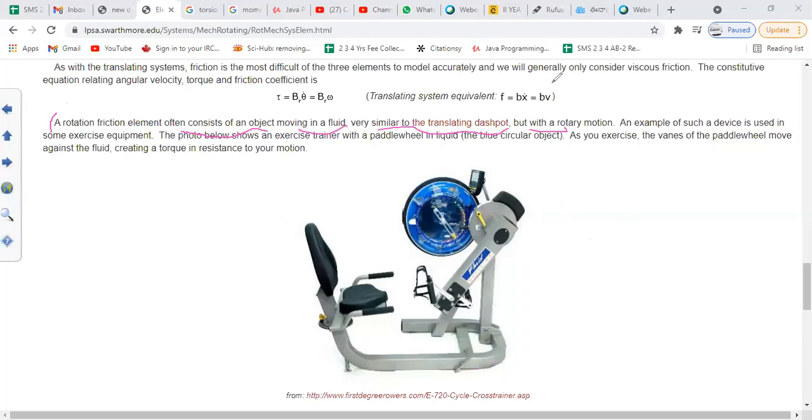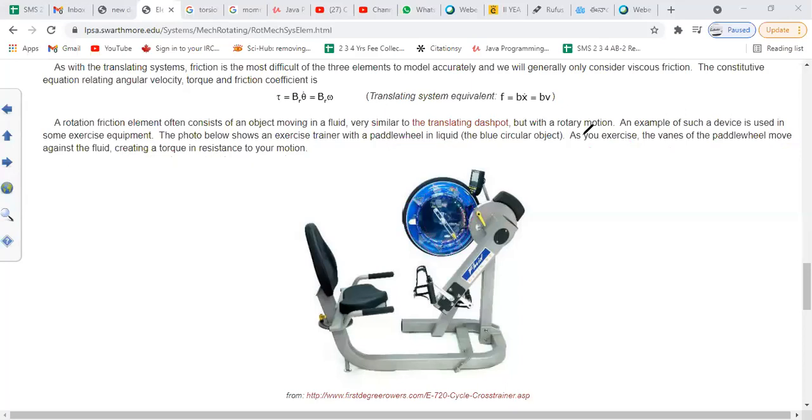The photo below is an exercise trainer with a pedal wheel in liquid. That is the blue circular object. As you exercise, the vanes of the pedal wheel move against the fluid, creating a torque in resistance to your motion.